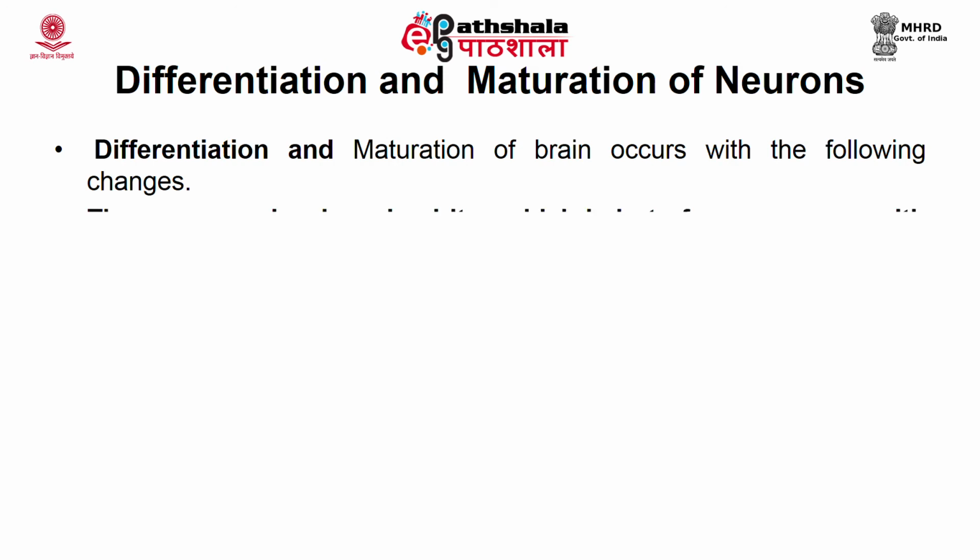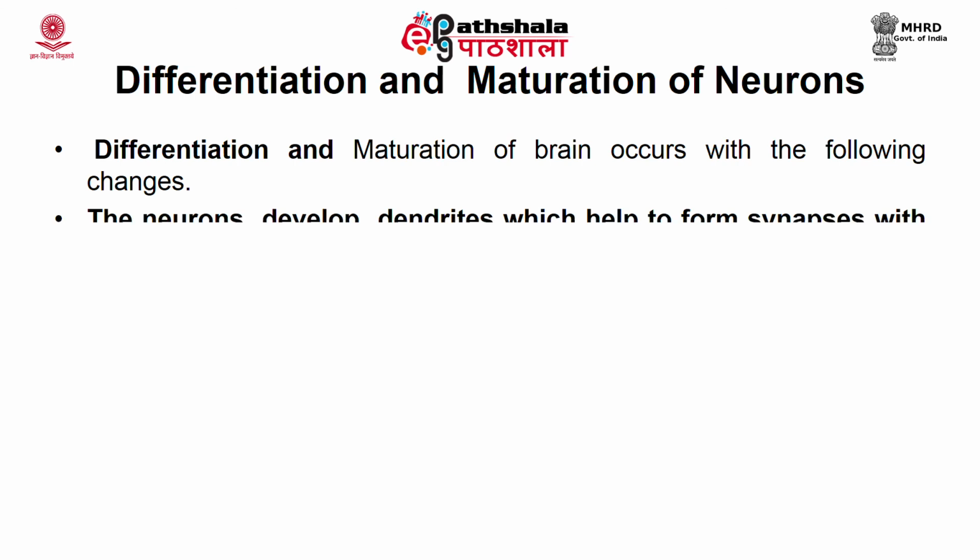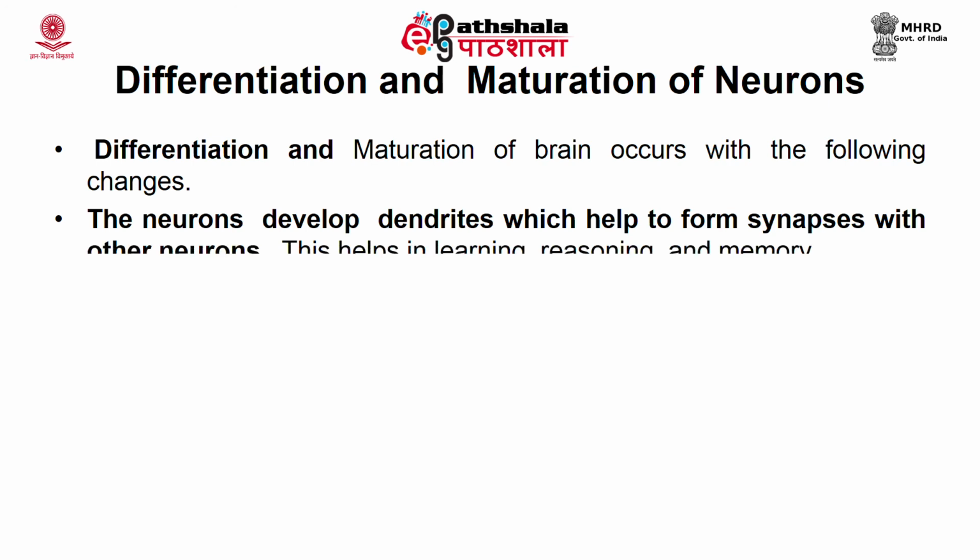The neurons develop dendrites which help to form new synapses with the other neurons. This helps in learning, reasoning and memory.